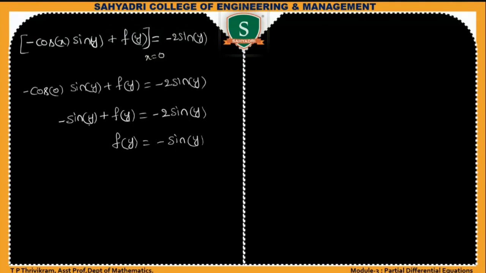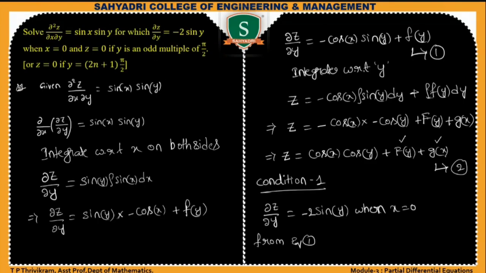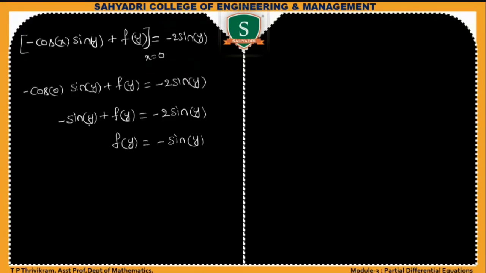But if you observe equation 2, what we want is capital F of y. Capital F of y is nothing but the integration of f of y. So integrate on both sides. Integral f of y is equal to integral of minus sin y dy.